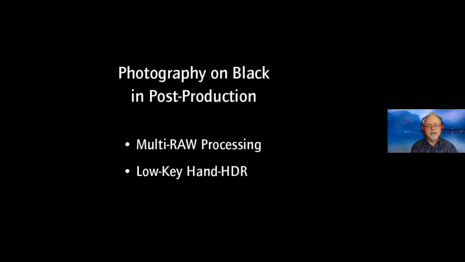The other technique would be to do a bracketed sequence of low-key photographs and combine them together, doing layers and masking. We'll look at both ways of going about things when we get to processing some images in the third part of this presentation. Are there any questions?